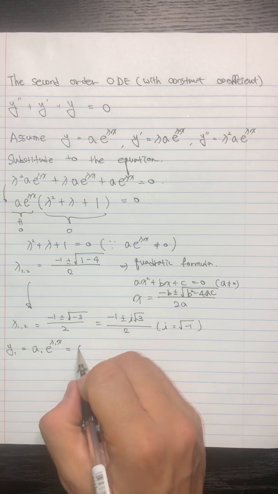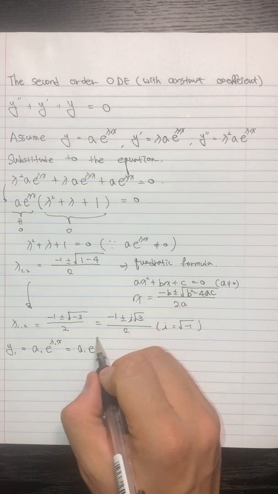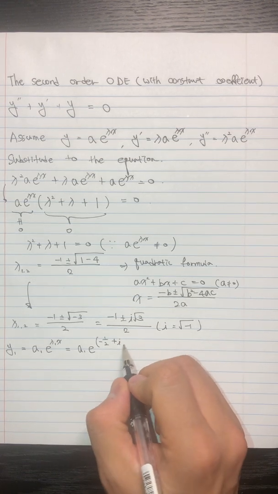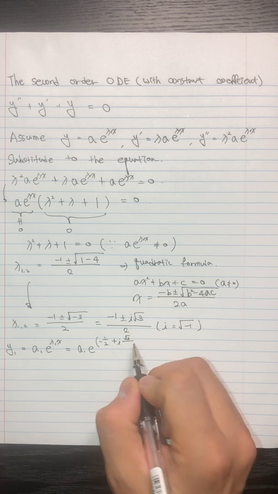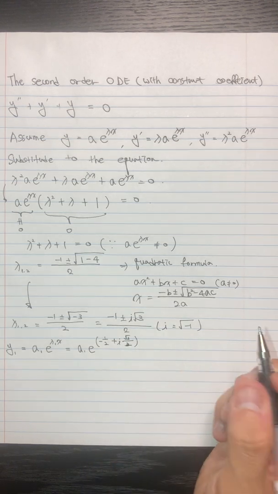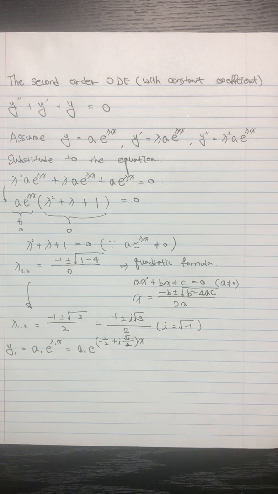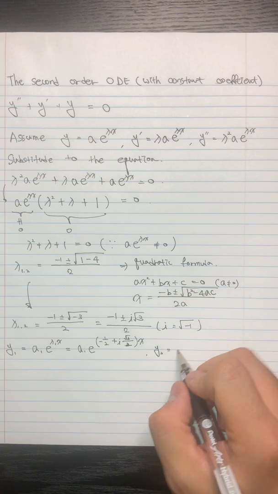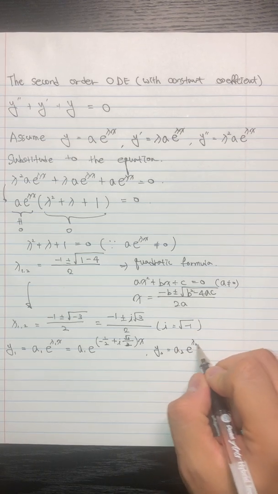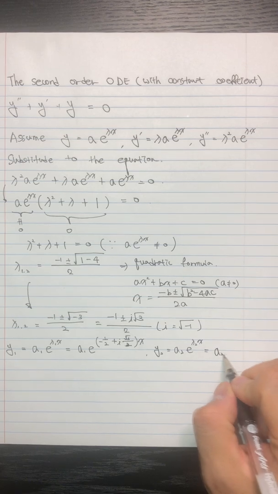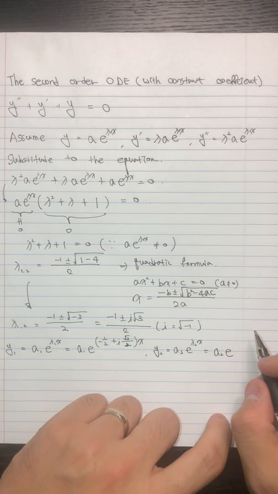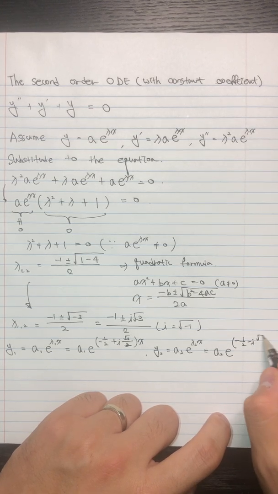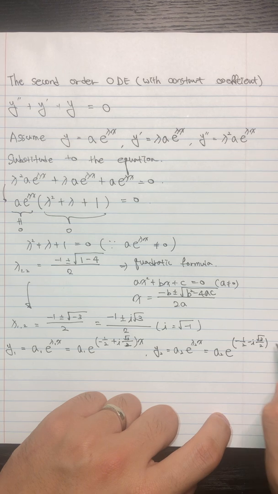So a1 exponential of minus 1 over 2 plus i square root of 3 over 2, times x, right? And then we can also find y2, a2 exponential lambda 2 x, equal to a2 exponential of minus 1 over 2 minus i square root of 3 over 2, times x, right?